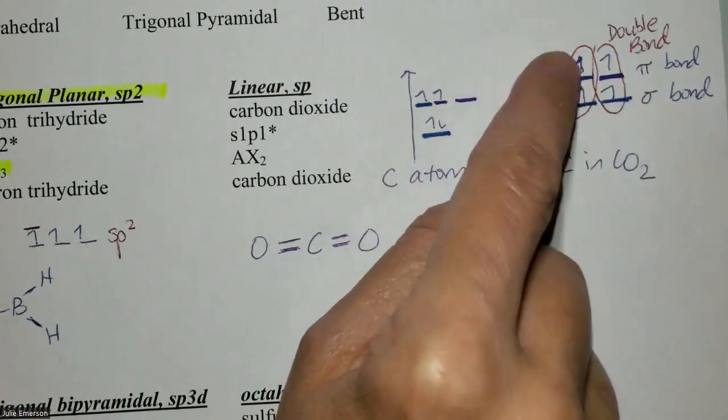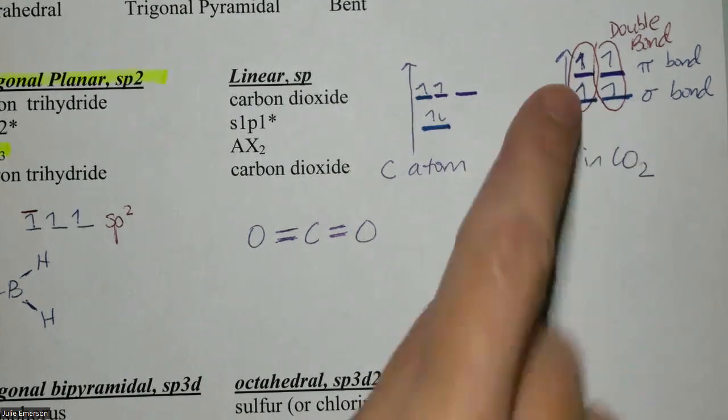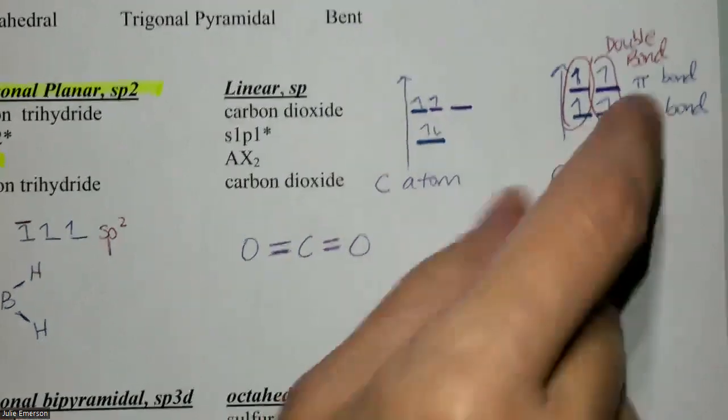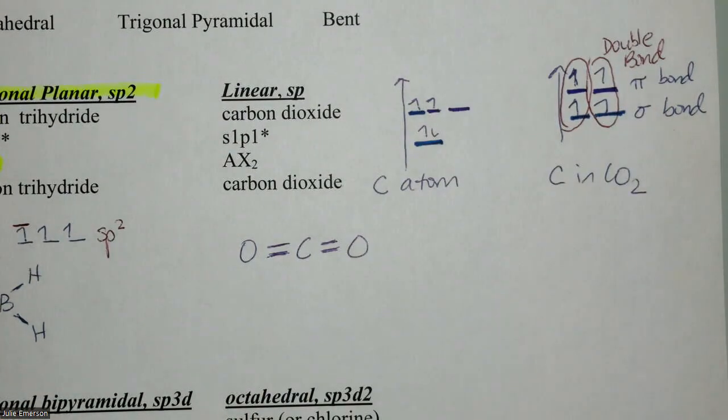And the pi bond always is at higher energy than the sigma bond. The sigma is always like the baseline. So this is a stack, right? And if you had a triple bond, you would have a sigma and then 2 pi bonds to make a triple bond.